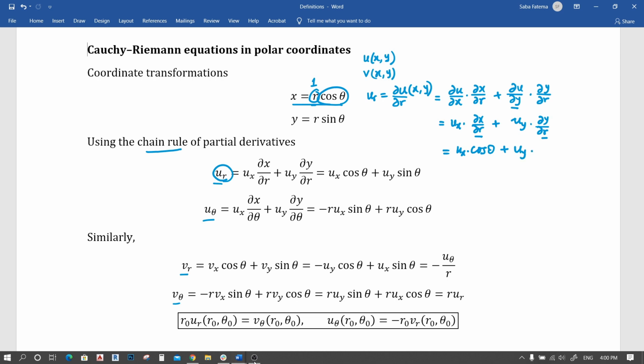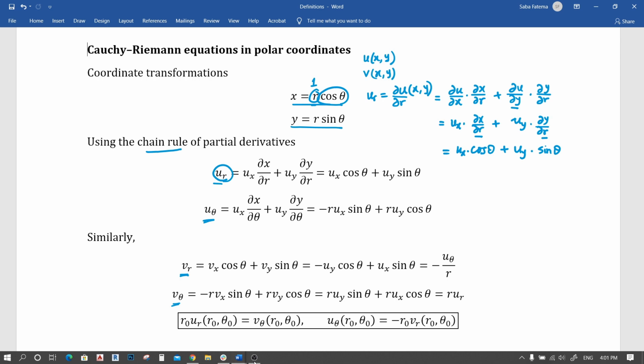And similarly, from this one we get the partial derivative of y with respect to r is only sin theta. In the similar way, we will find u sub theta, v sub r and v sub theta.